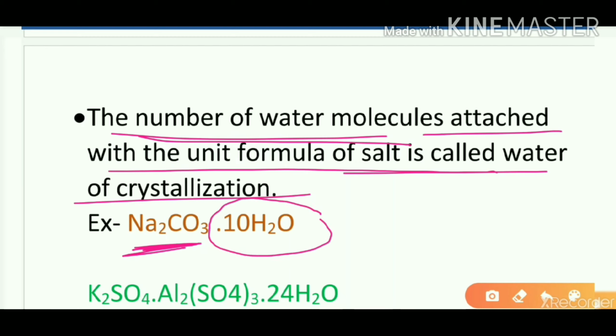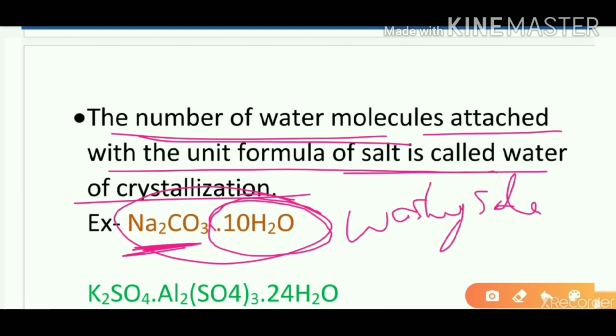That means 10 water molecules are there. So this is known as water of crystallization. Now this is the formula of washing soda.